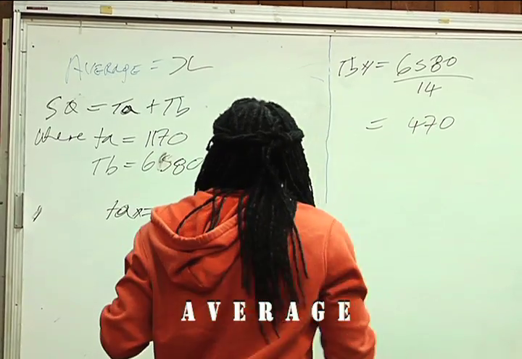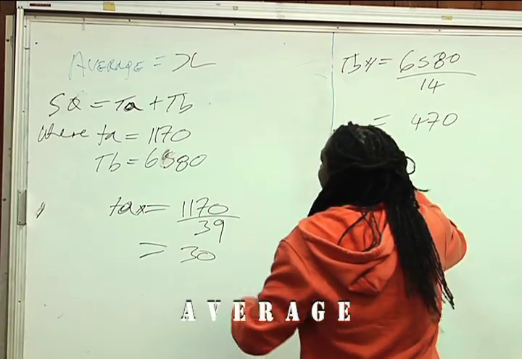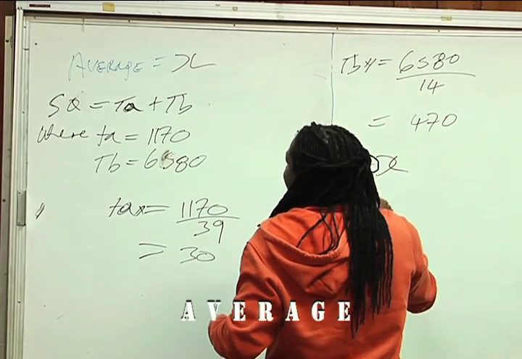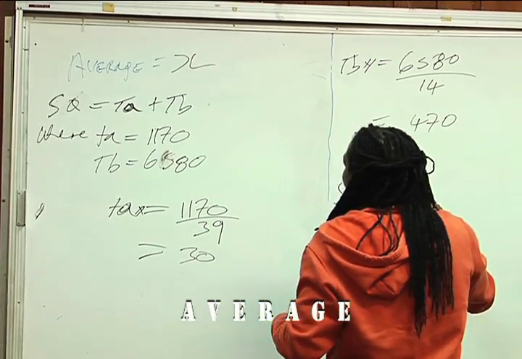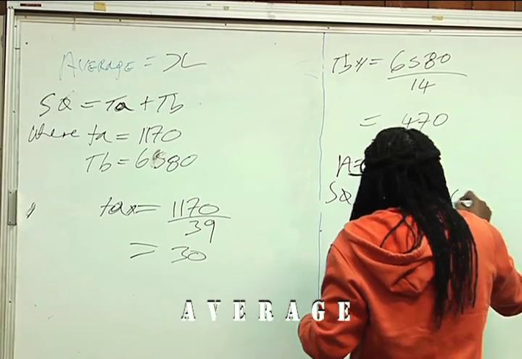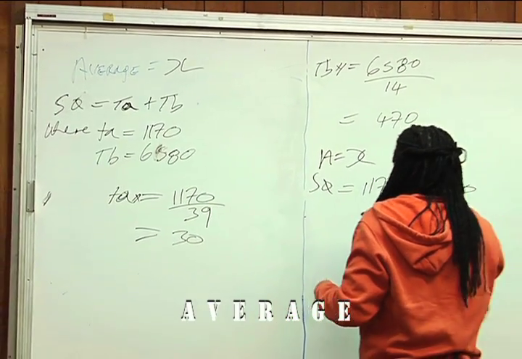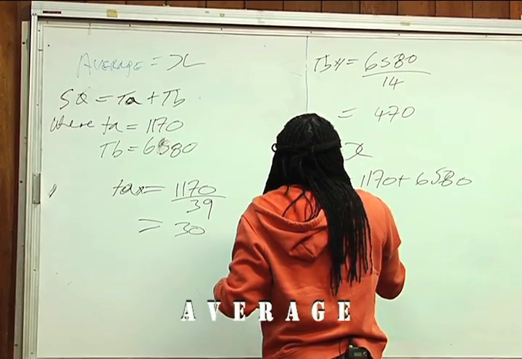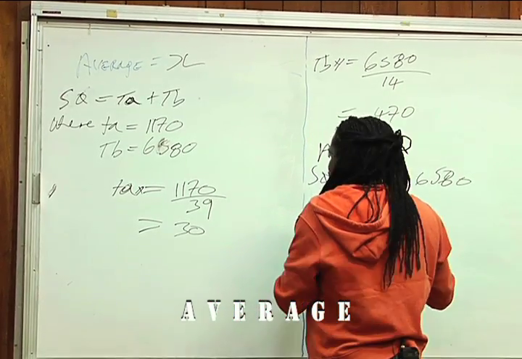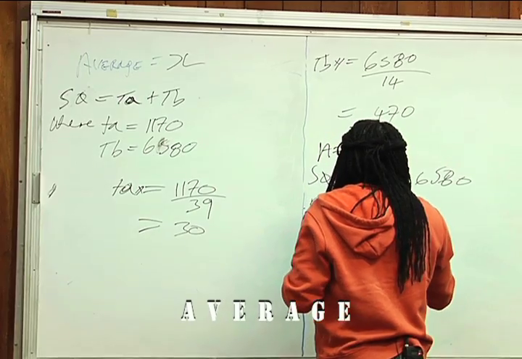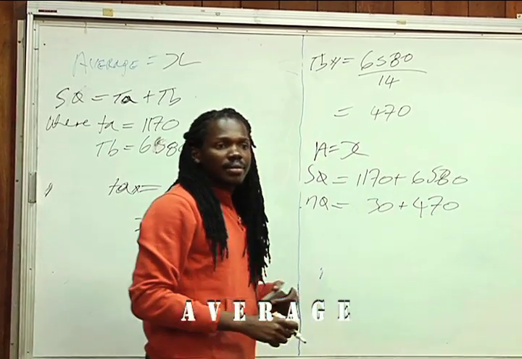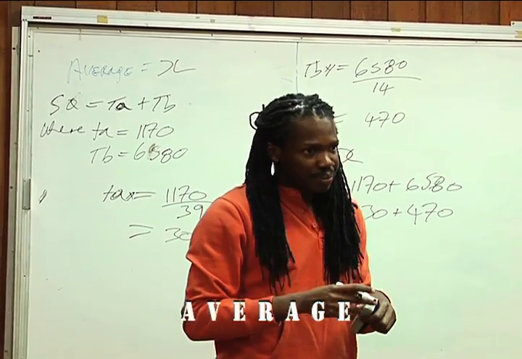Good. So that means then that my average equal X, my SQ equal to 1170 plus 6580, and my NQ equal to 30 plus 470, teachers first. That's the total number of people.